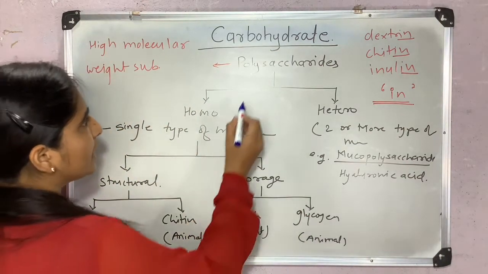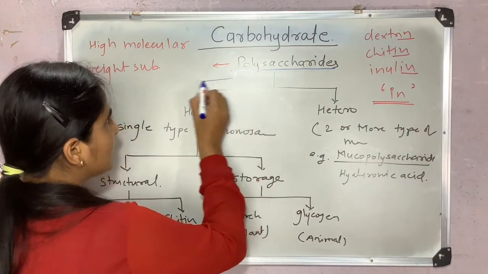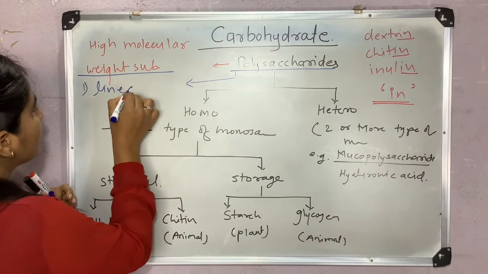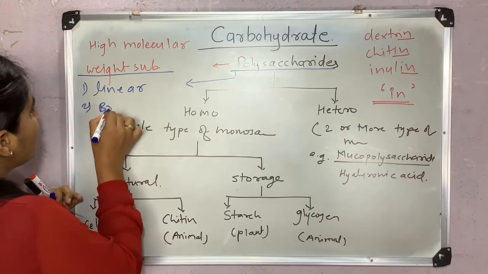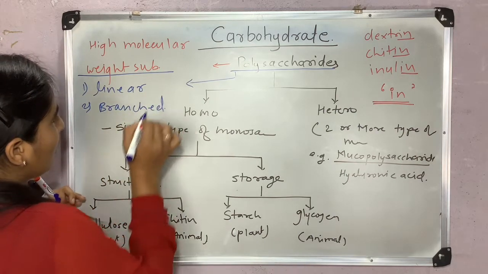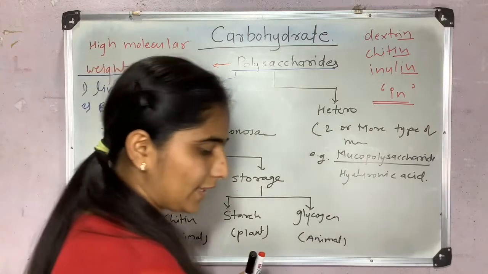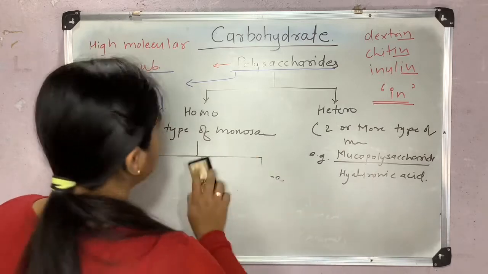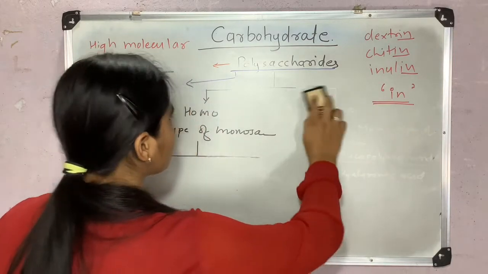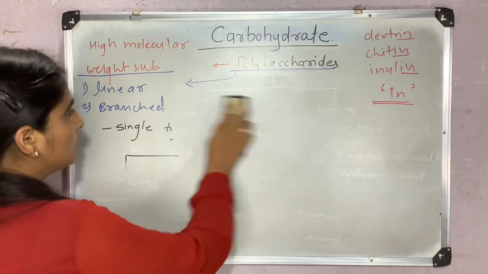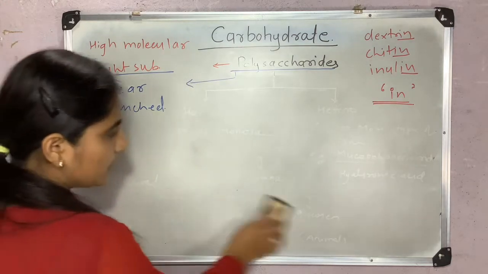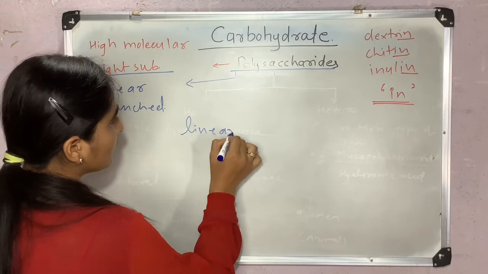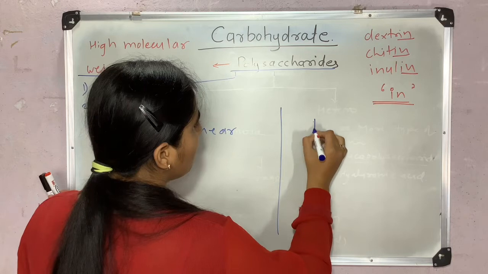Also we can differentiate polysaccharides into two types. First is linear polysaccharide and next is branched polysaccharide. Here I will tell you the difference between linear polysaccharides and branched polysaccharides.